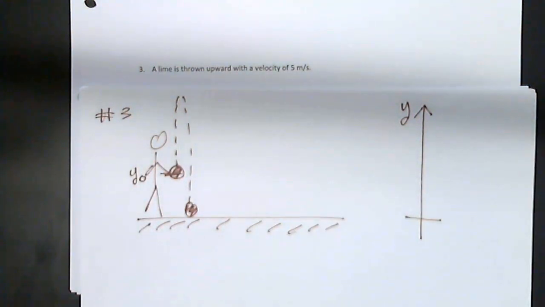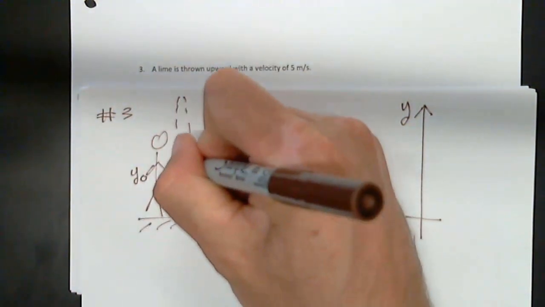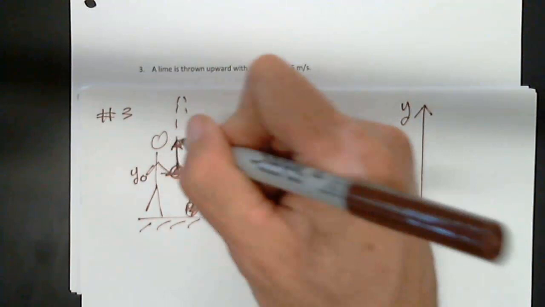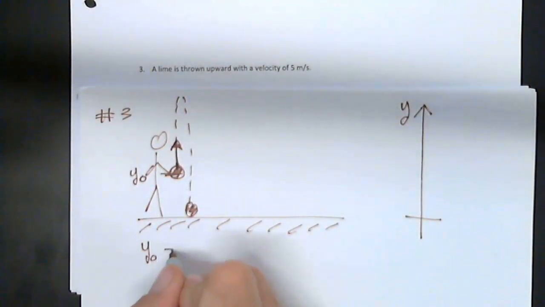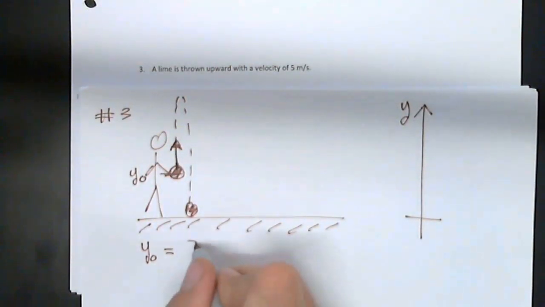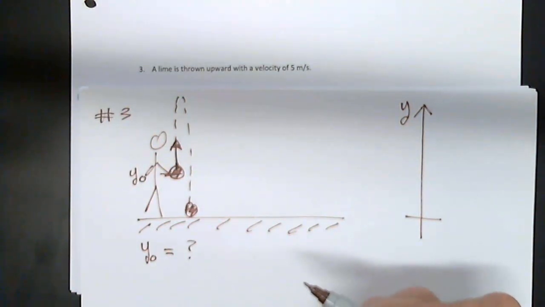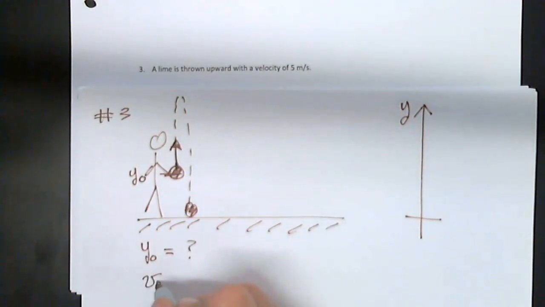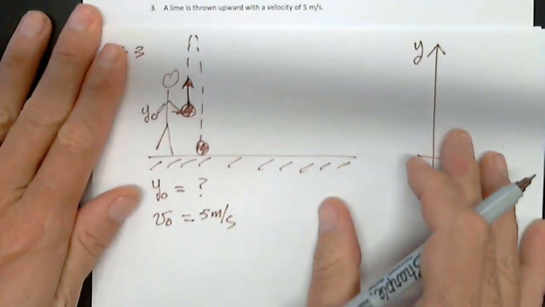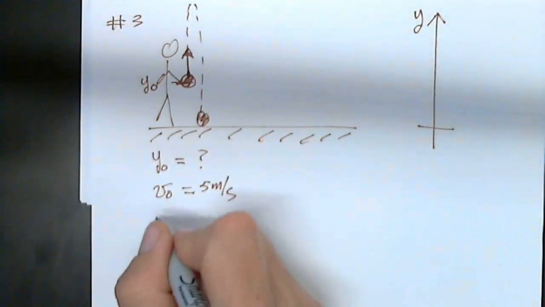So these are called free fall problems. The initial position, y naught, is not given, but the initial velocity is given. And there is something that is always given in this problem, that is the acceleration of gravity.